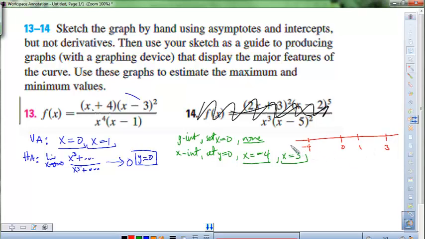And so around these points, we would be concerned about whether the graph is above the x-axis or below the x-axis. So we're going to use our original function and check points around these interesting values to see whether the function is positive or negative.